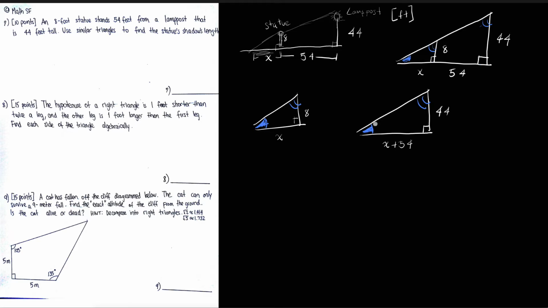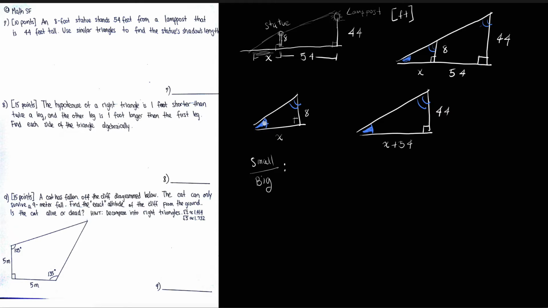So now, because these triangles are similar, what I'm going to do is use proportions to solve it algebraically. So I'm going to do small to big. All right, so I'm going to put small triangle is to big triangle. Okay, so this is going to be my ratio. So I'm going to start with the corresponding sides, right? The corresponding parts.